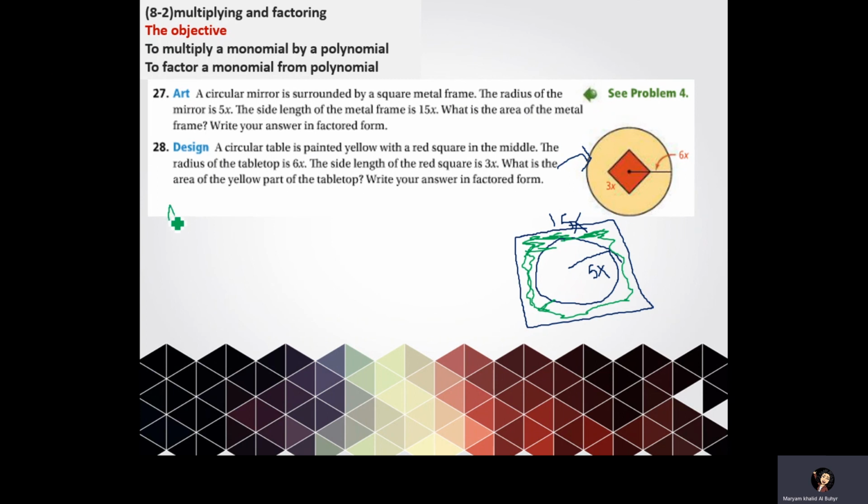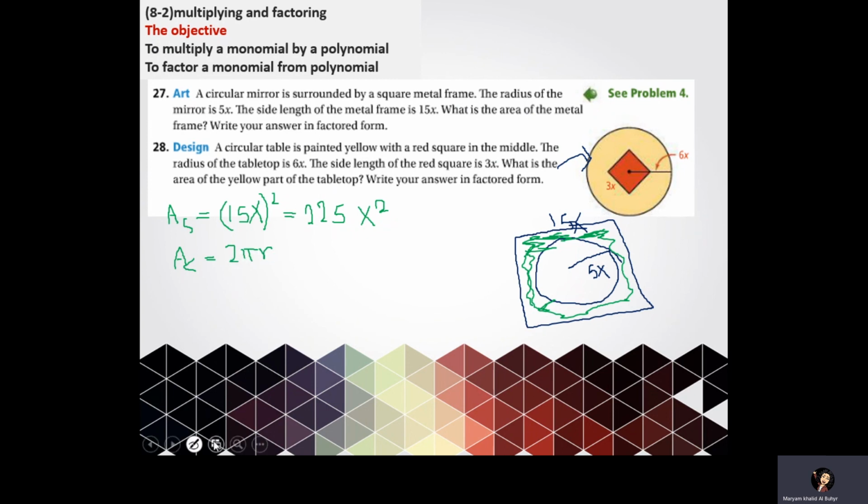So the area of the square, or the area of the frame, I'm not writing the rule this time, is 15x, all to the power 2. So that is 15 to the power 2, which equals 225 x to the power 2. Then the area of the circle is 2 pi r.